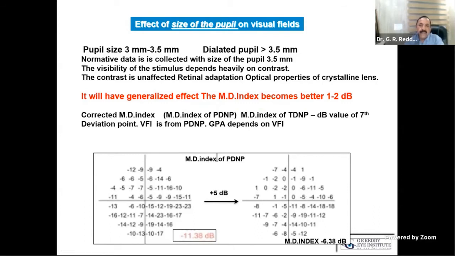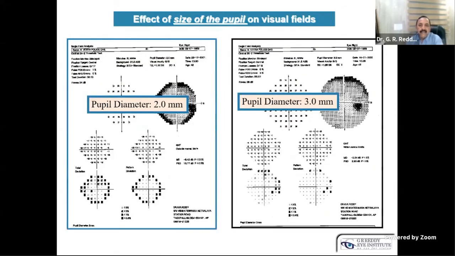So the effect of the pupil, maybe the mean deviation index is worse by 1 or 2 dB, and you can even consider the mean deviation of the pattern deviation numerical plot. That is the effect of the size of the pupil on the visual fields.